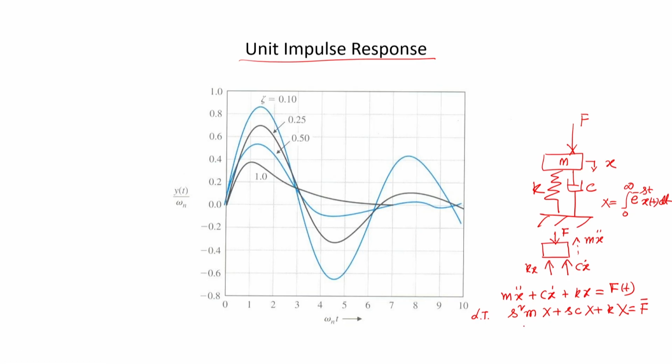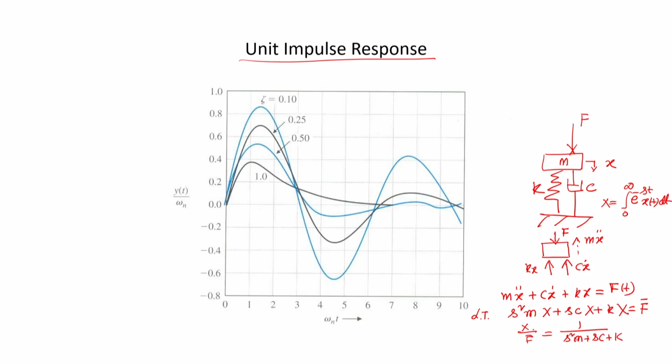Now I can write the transfer function, that is X over F bar equals 1 over s square m plus s c plus k. You can see that the denominator is of second order, so this is a second order system.